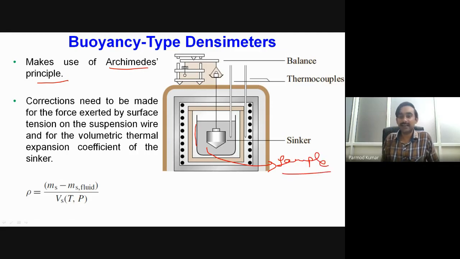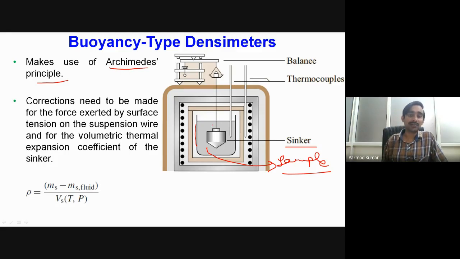Okay, and inside this liquid sample we are having some sinker, and this particular sinker is attached to a thread, and we are having some balance over here in order to check how much we need to balance in order to make it suspend over here. Okay, and we are also having some thermocouple which will be measuring the temperature of the liquid.